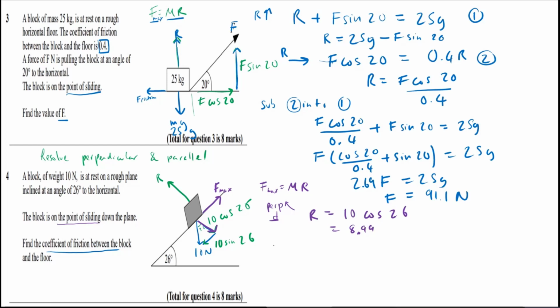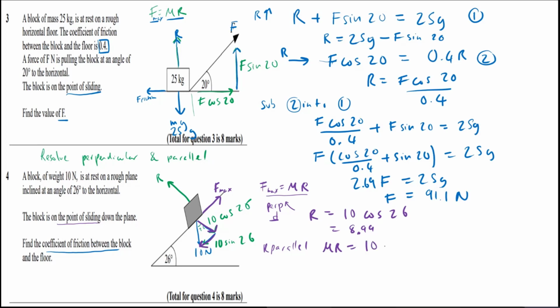Now parallel, let's just write resolving parallel. So we know that friction F equals mu R, so we can just call it mu R, because it's asking us to find that straight away. That has to equal this, because it's going this way.